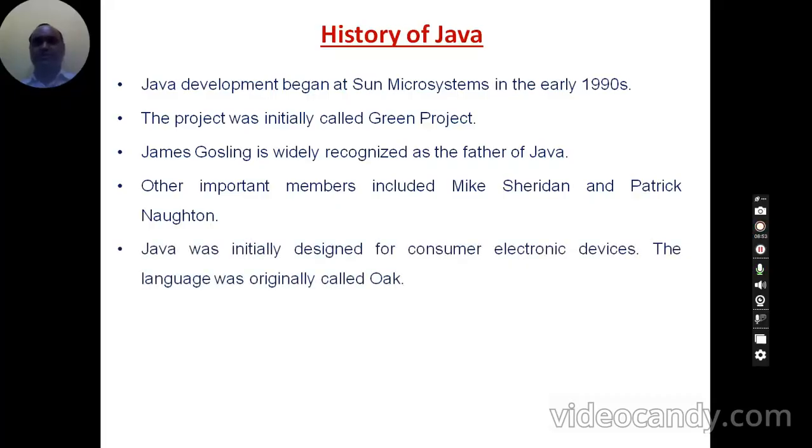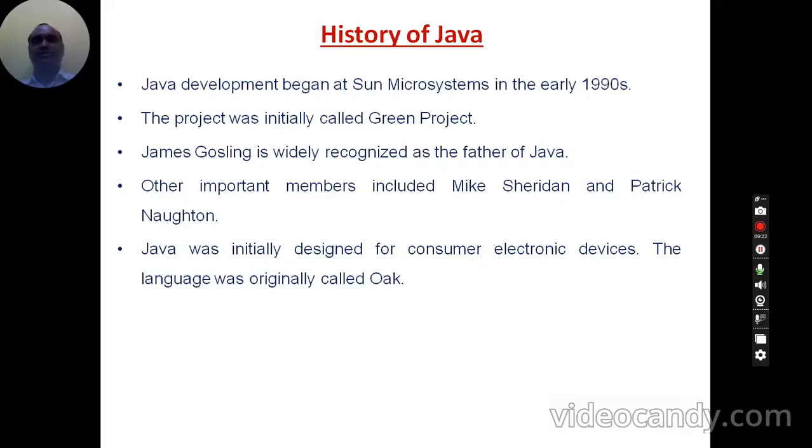James Gosling and Patrick Naughton informed the management of Sun Microsystems that with the available tools in the company and the available programming languages, it was not possible to write programs for TV set-top boxes. We have to go for the development of a new language which can suit these electronic devices.